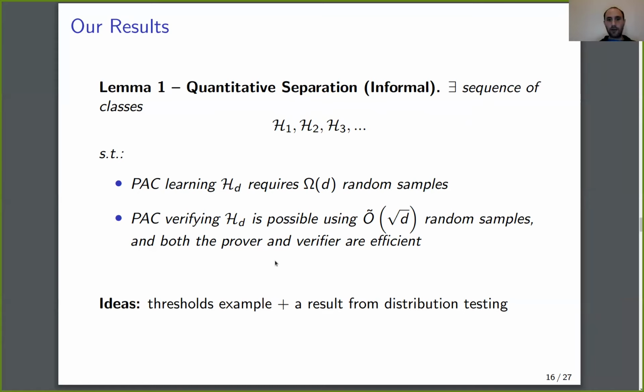And the verifier will now need to verify that all these events satisfy some condition that shows that opt is large. And it turns out that using ideas from distribution testing, you can actually do that using square root D samples. So that's the idea of our first result, quantitative separation between learning and verifying.